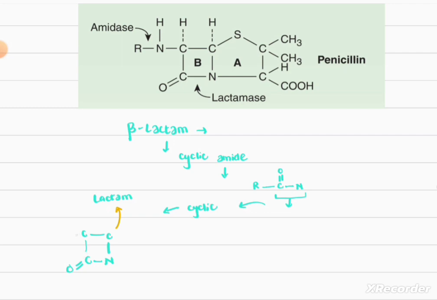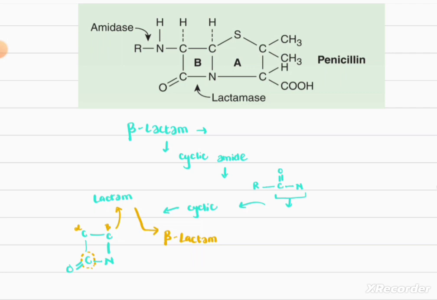Now the carbon that is directly attached to the carbonyl carbon is called the alpha carbon, and the carbon adjacent to the alpha carbon is known as the beta carbon. So that is why the name beta-lactam came into being. So this is the chemistry of a beta-lactam.